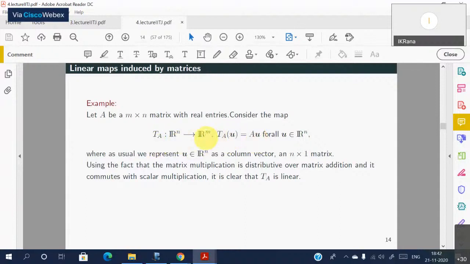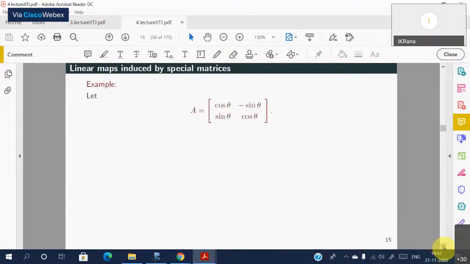So every matrix gives rise to a transformation by matrix multiplication, and one can easily check that this is a linear transformation.